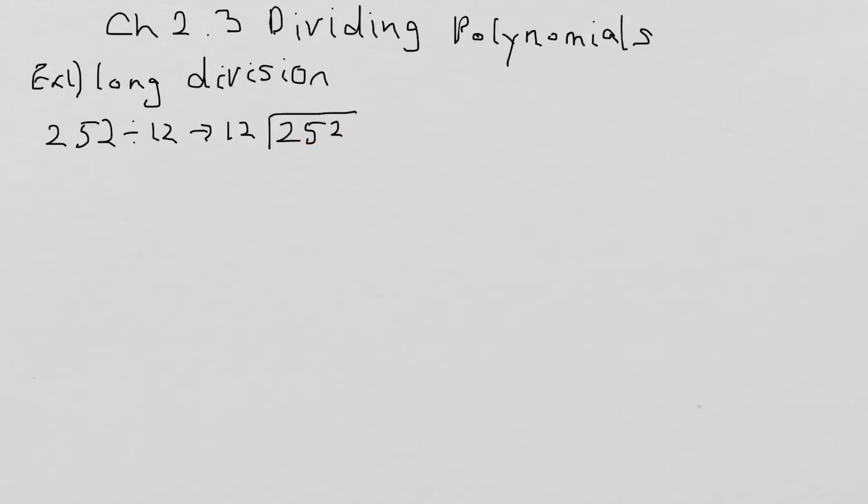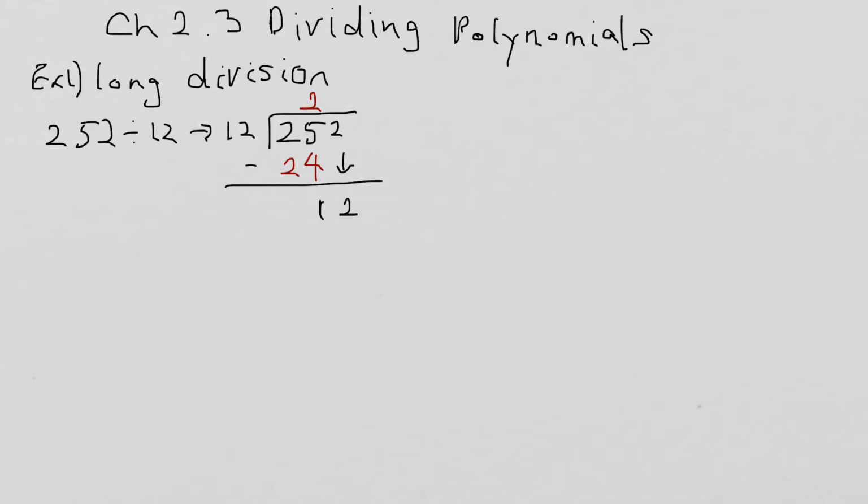So you can say 2 times 12 is 24, and we are subtracting. When you subtract, you get 1. Since you need one more digit, bring down the last digit that you didn't use, which is 2.